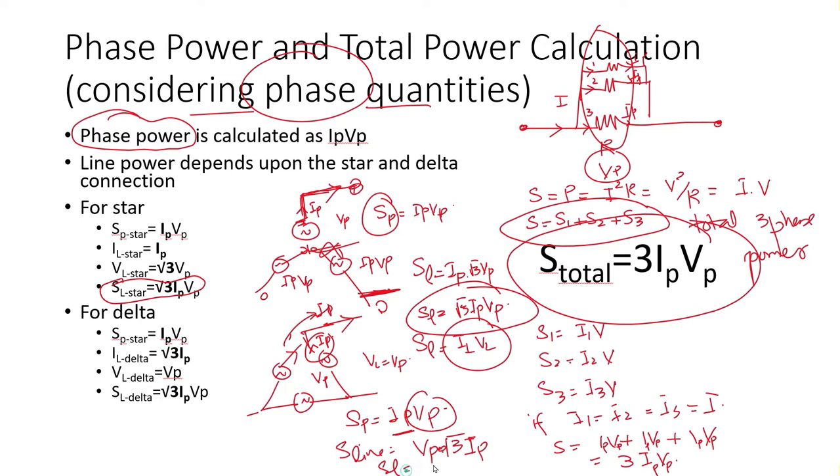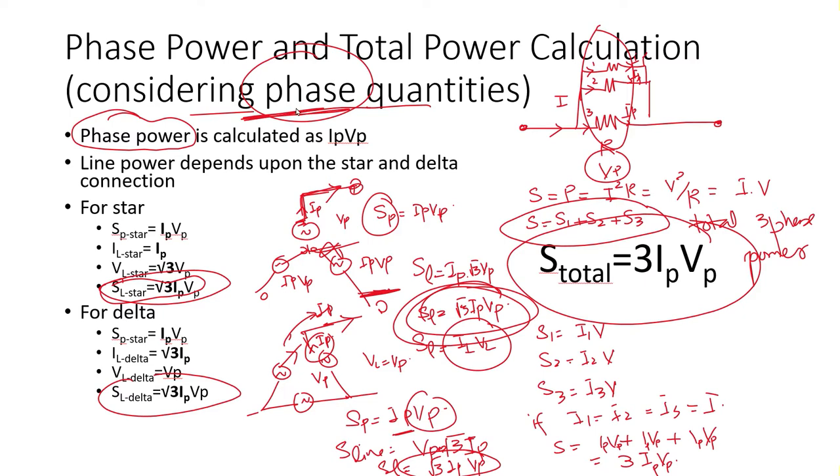So S line would be equal to root 3 IP VP, which is the same as this one. So S line in delta is root 3 IP VP, S line in star is root 3 IP VP, but we are considering phase as the base quantity.